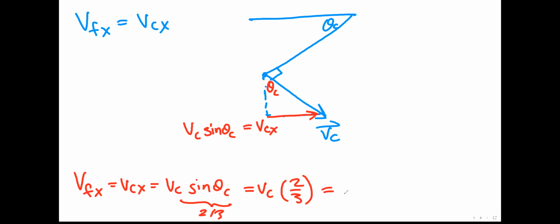So this is the square root of 4/3 GH times 2/3.